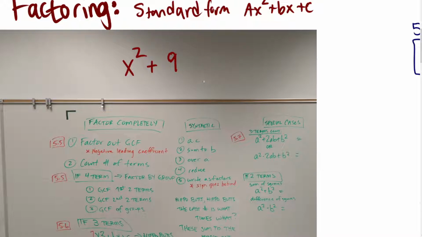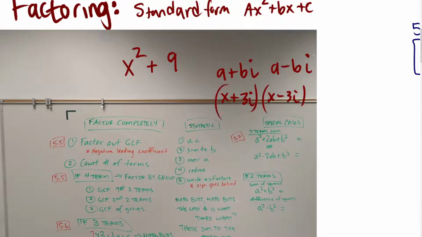Maybe in 1050, but I don't believe so. But when you have a sum of squares, it's basically the same, where you have a plus b, a minus b, except there's an i attached to the b. So it would be x plus 3i, and then x minus 3i. I don't believe that you'll need to worry too much about that though.